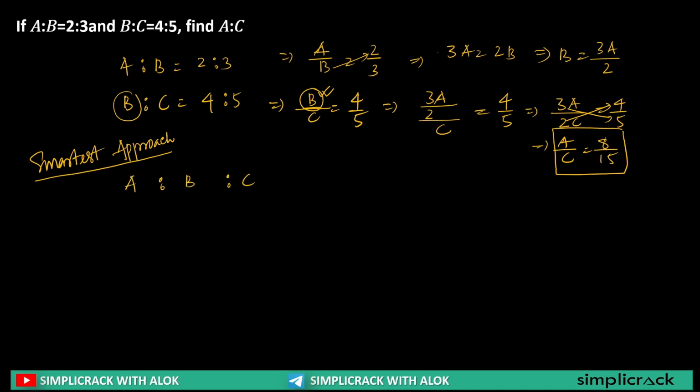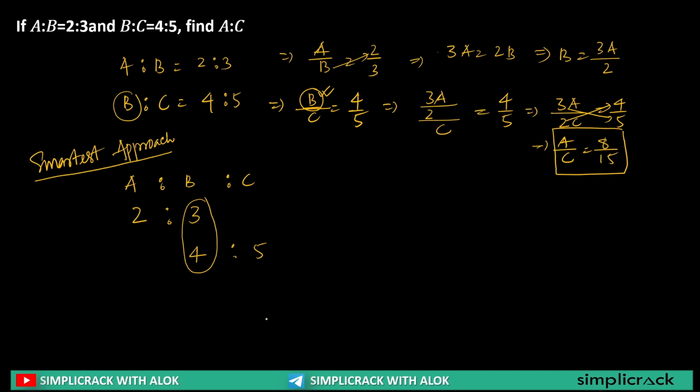You will write like this. Okay. Now what is a is to b? Sir, it is 2 is to 3. Sir, what is b is to c? Sir, it is 4 is to 5. Now if I equalize b over here, then my problem is solved.